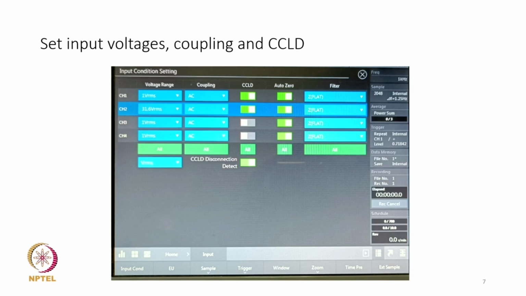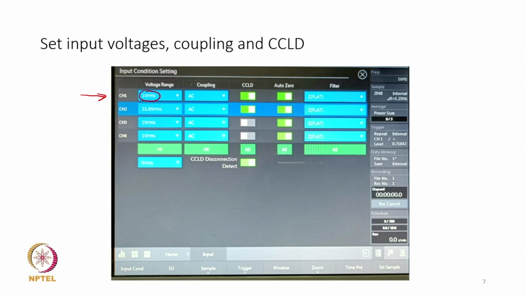Now, we need to select the input voltages, coupling and CCLD settings. You can see in this window we can make a choice. For example, for channel 1, we have selected 1 volt RMS as the maximum voltage that this channel can accept.